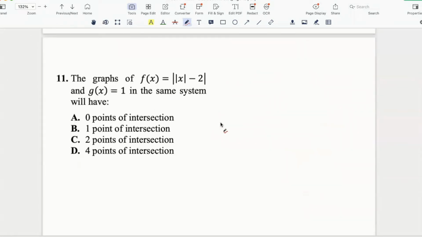The graphs of f(x) equal to absolute value of |x| minus 2 and g(x) equal to 1 in the same system will have how many points of intersection? Okay, so let's first draw the graph of absolute x. Absolute x will look like this.